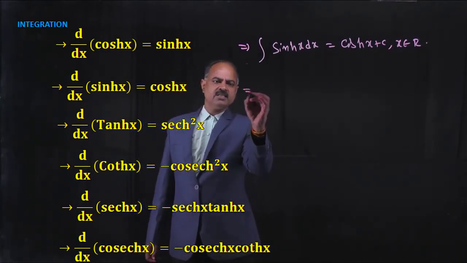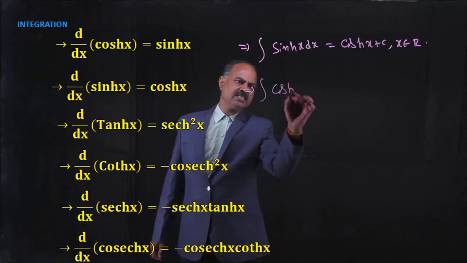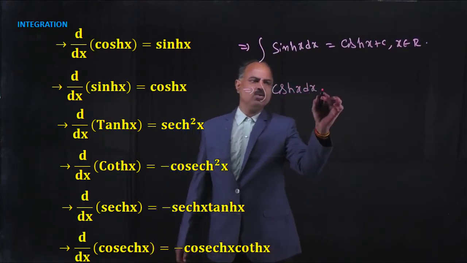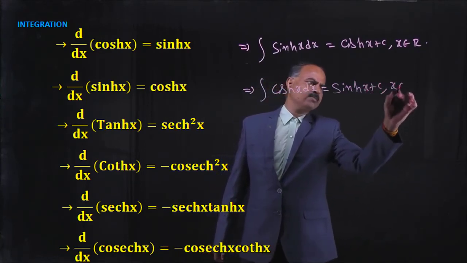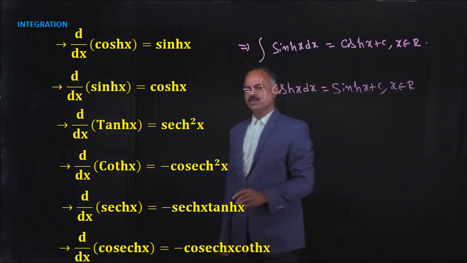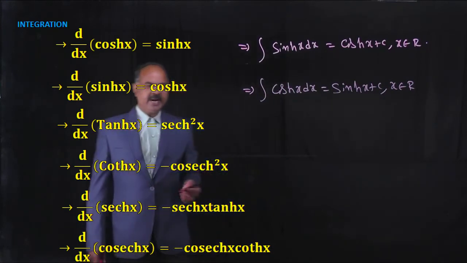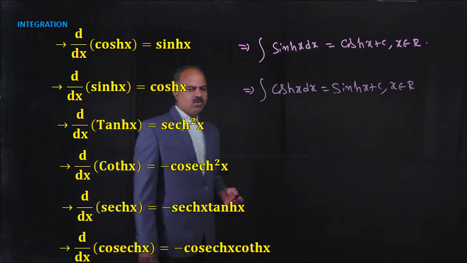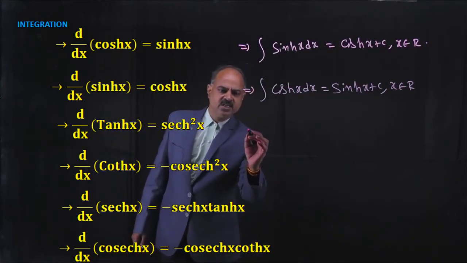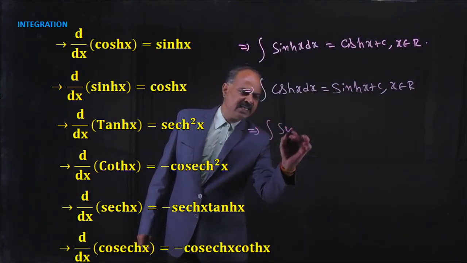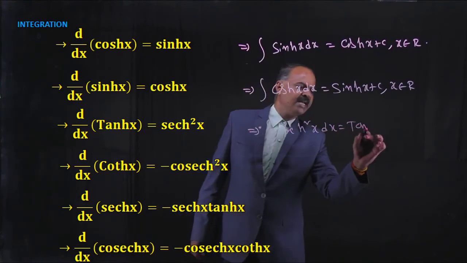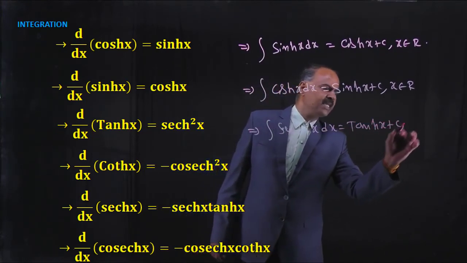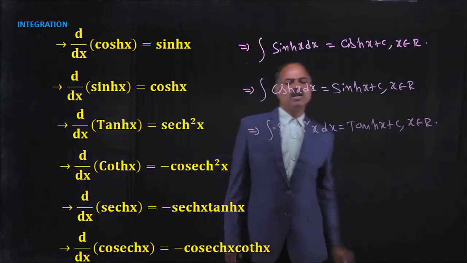So this implies integral cos hx dx equal to sin hx plus c, x belongs to R. We know that d by dx of tan hx equal to secant h square x. So here integral secant h square x dx equal to tan hx plus c, x belongs to R.